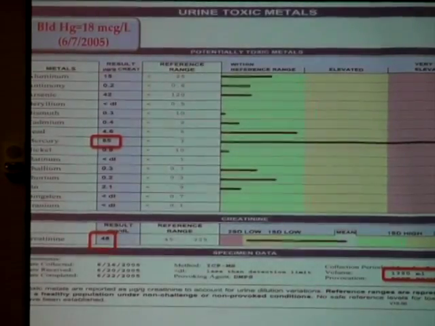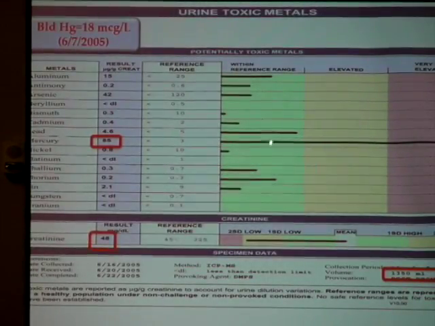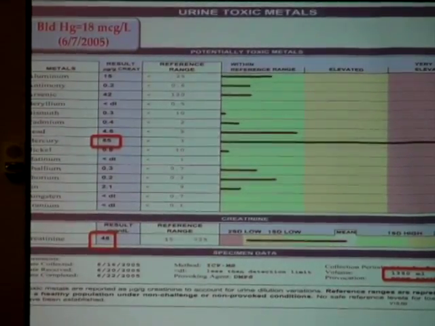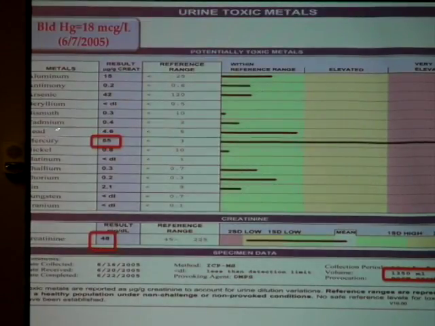So this is an illustration of a test result of a patient with a blood mercury level of 18 micrograms per liter, and this is his post-provocated level of mercury. You're not always going to see a correlation. So some people, if you see no blood mercury, but you do a post-provocation test, you might see high levels like you see here.